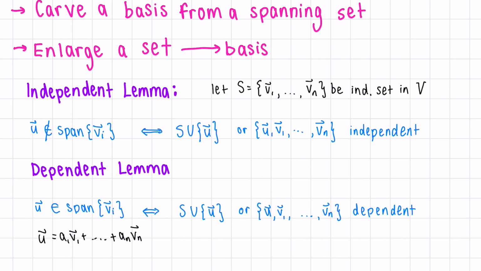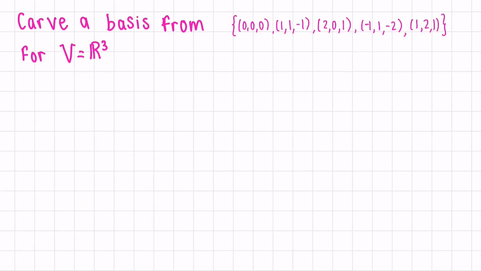If we move the u to the opposite side, we get the 0 vector is equal to negative u plus a1 v1 till an vn. So we can generate the 0 vector without having all the coefficients equal to 0, so we see that this set is dependent. Now that definitions are out of the way, let's try an example.